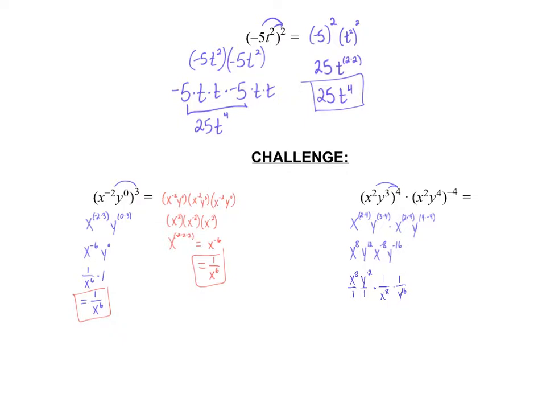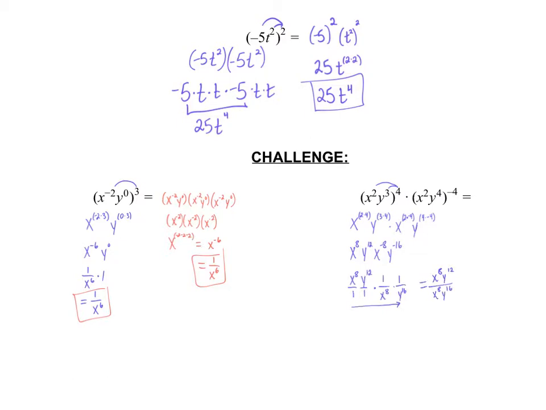So to multiply these 4 fractions together, we just go straight across. So 1 times 1 times y to the 12th times x to the 8th. That just gives us x to the 8th times y to the 12th on top, over our denominators, just multiplying straight across, we get x to the 8th, y to the 16th.